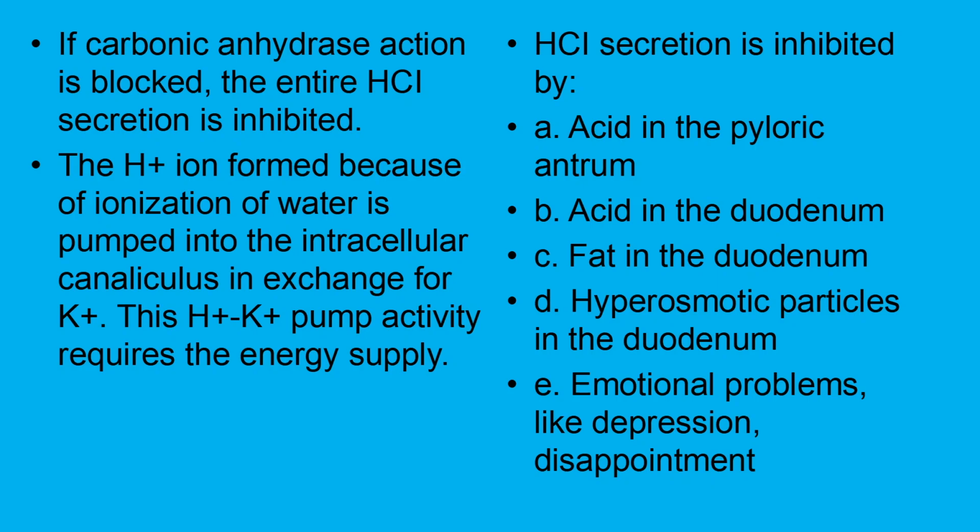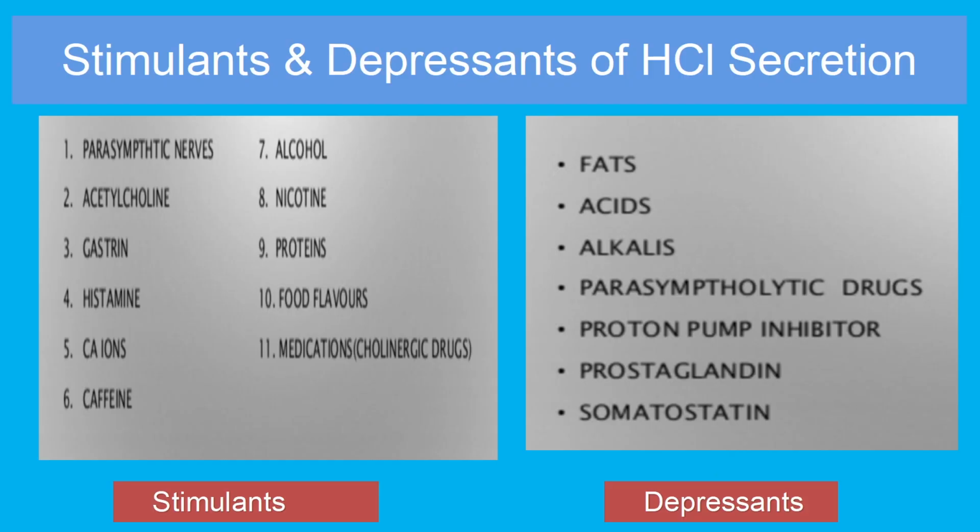Now the HCl secretion is inhibited by many factors like acid in the pyloric antrum, acid in the duodenum, fat in the duodenum, hyperosmotic particles in the duodenum, and emotional factors like depression and disappointment. All this will inhibit the HCl secretion. There are some stimulants and depressants. Stimulants may be parasympathetic nerves, acetylcholine, gastrin, histamine, calcium ions, caffeine, alcohol, nicotine, protein, food flavors, medications.